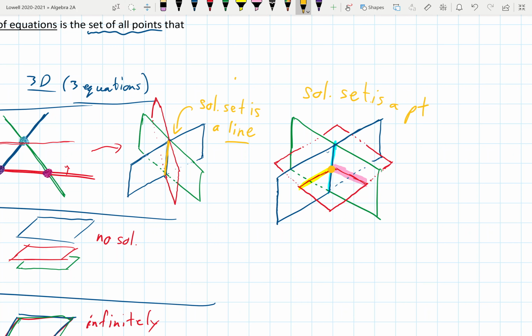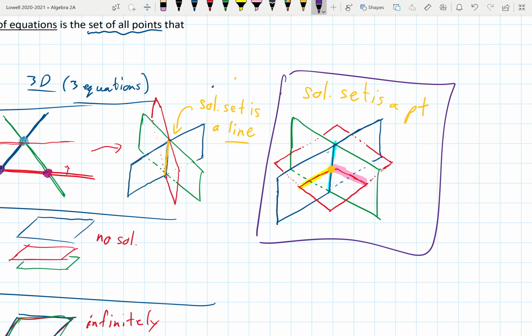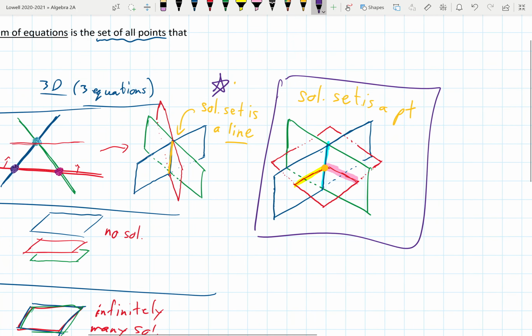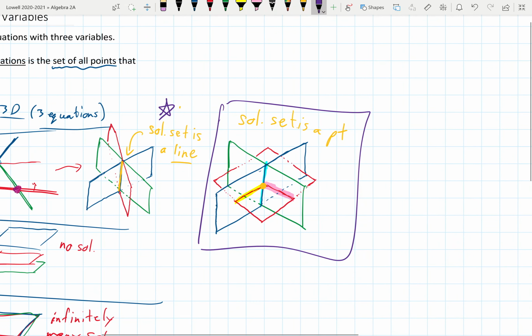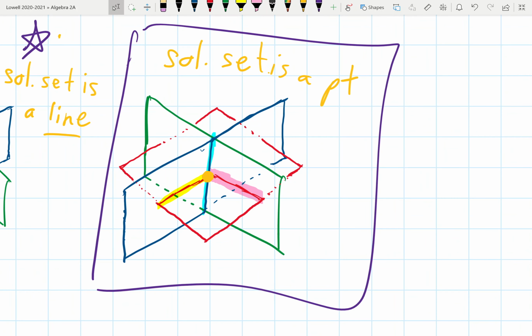Man, I'm actually really proud of that drawing. This is actually the scenario that we're going to see the most. This scenario over here where the solution set is a line is actually very kind of complicated. Not that you couldn't handle it, but this is definitely the more common one and where we're going to spend most of our time. Alrighty, so in the next video, we're going to talk about how to actually solve this system.